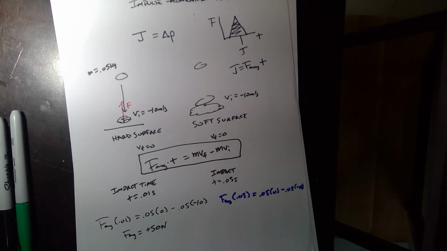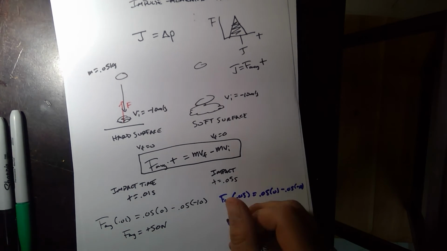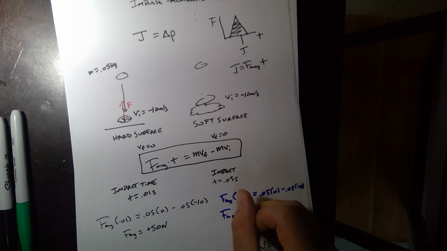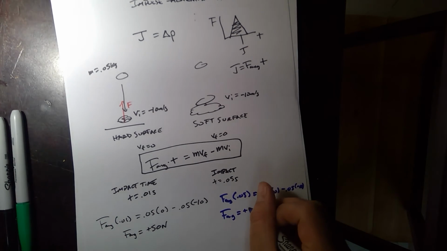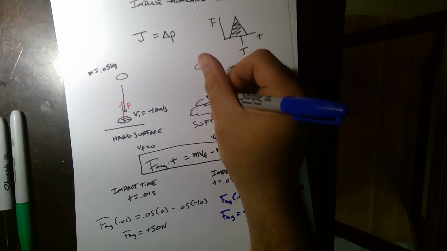Running through the numbers, the only thing that changed was our impact time. So what I end up getting here is an average force of plus 10 newtons. Again, a positive number here.